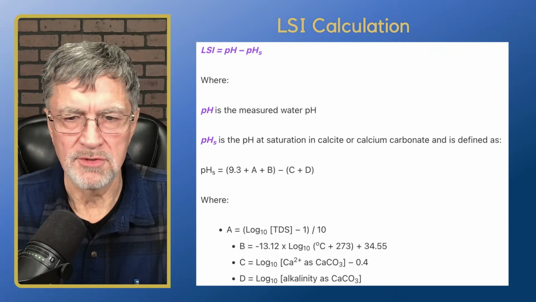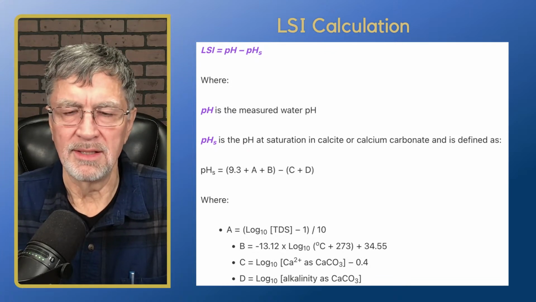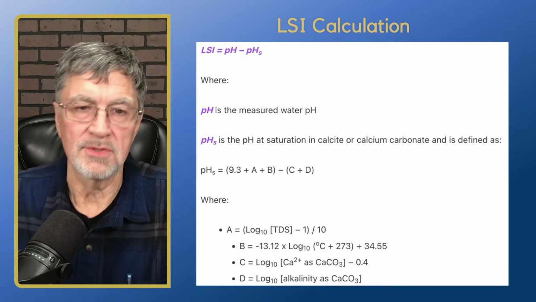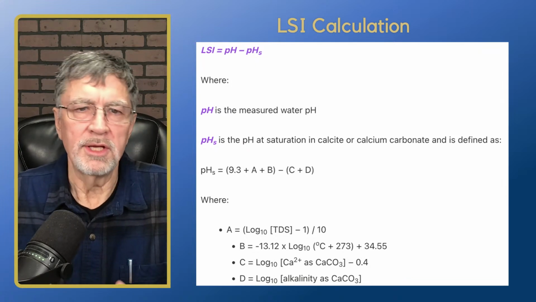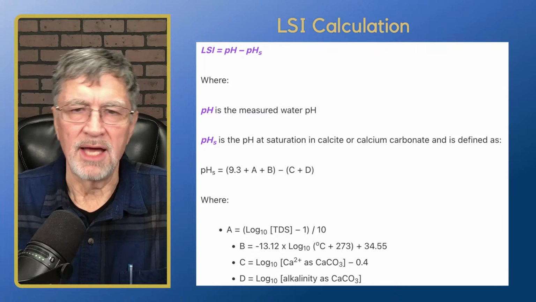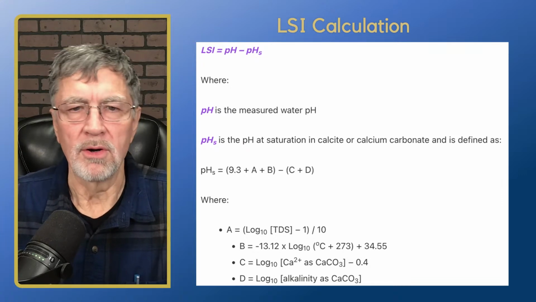So total dissolved solids, we're looking at temperature, and we're looking at calcium as calcium carbonate, and alkalinity as calcium carbonate as well. So those all enter in there. We calculate the saturated pH, and then we subtract that from the actual measured pH to come up with our LSI.